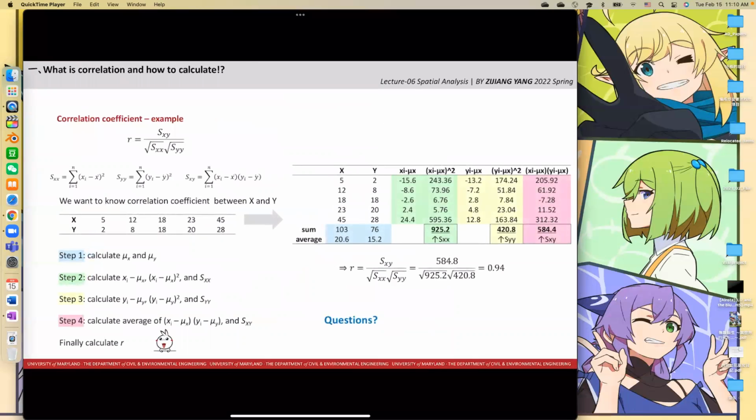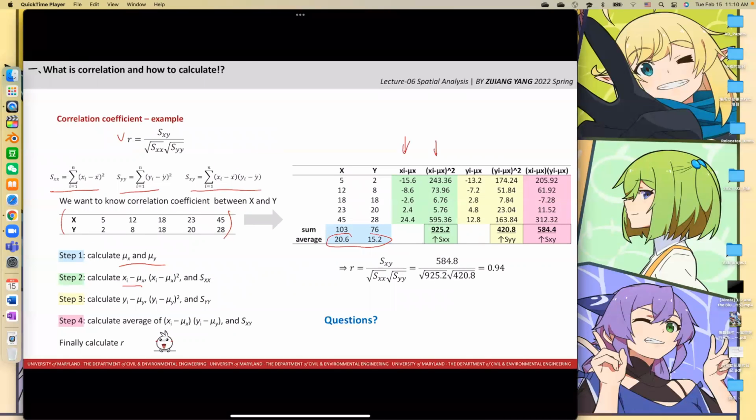Here is an example. This example shows the second approach. We know the formula of the correlation coefficient, and we know how to calculate SXX, SYY, and SXY. Again, we have the same data set. First step, we calculate mu X and mu Y. Then we calculate Xi minus mu X, and we have the column here.